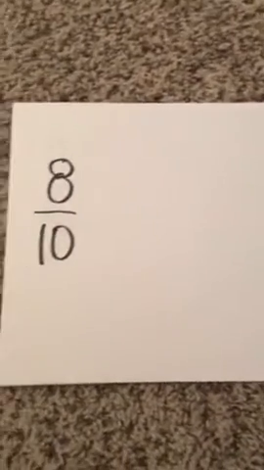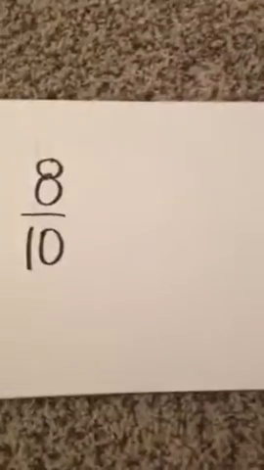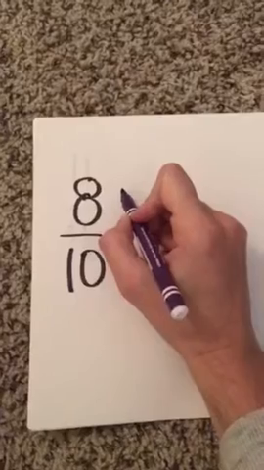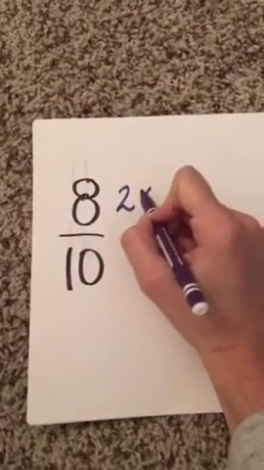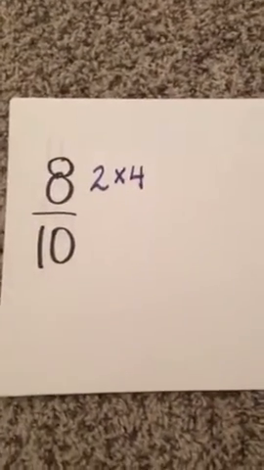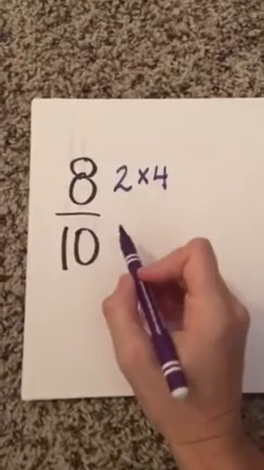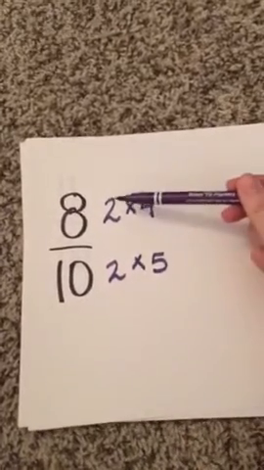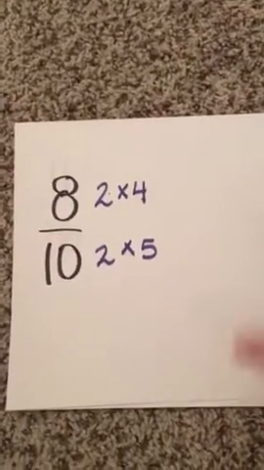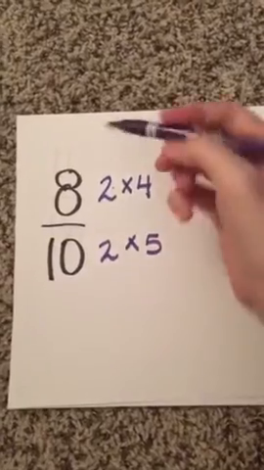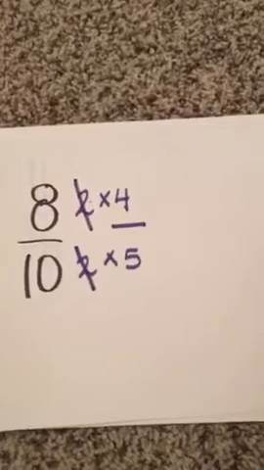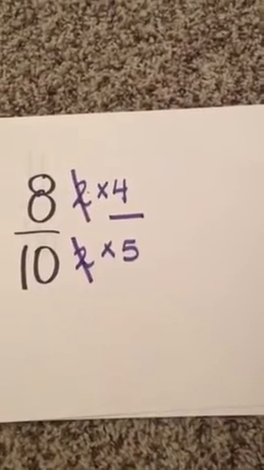Well, 8 and 10 are both even numbers, so I'm going to start with 2. 8 can be thought of as 2 times 4. 10 can be thought of as 2 times 5. 2 is a common factor that these two numbers have in common. So I'm going to cross them out, leaving 4/5.